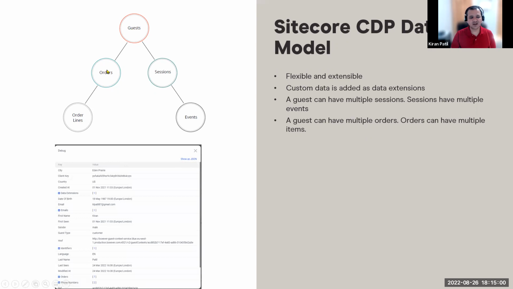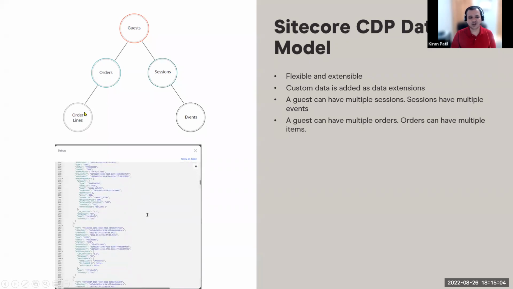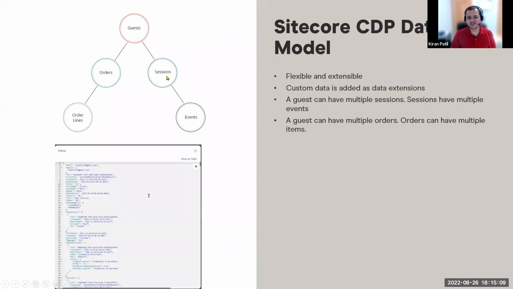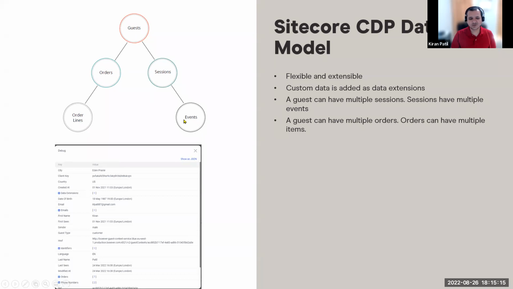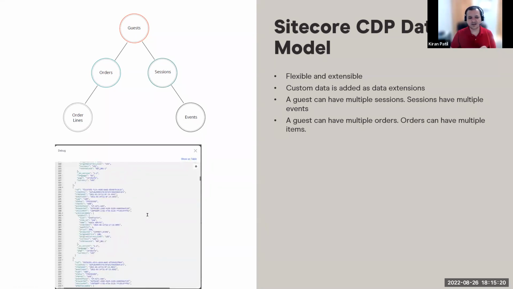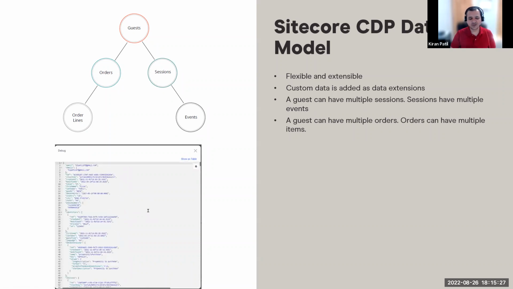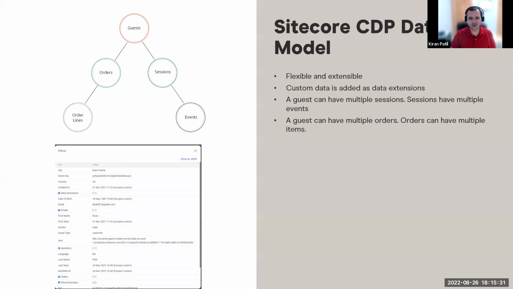And then one guest can have multiple orders, and each order can have multiple order lines, and same with sessions. Each visit is considered a session behind the scenes, and each session can have multiple events. So let's say you are visiting a page or you are clicking something, that is registered as an event. This is the view which shows behind-the-scenes data, and I will show you how you can view this information from the Sitecore CDP dashboard for the portal.